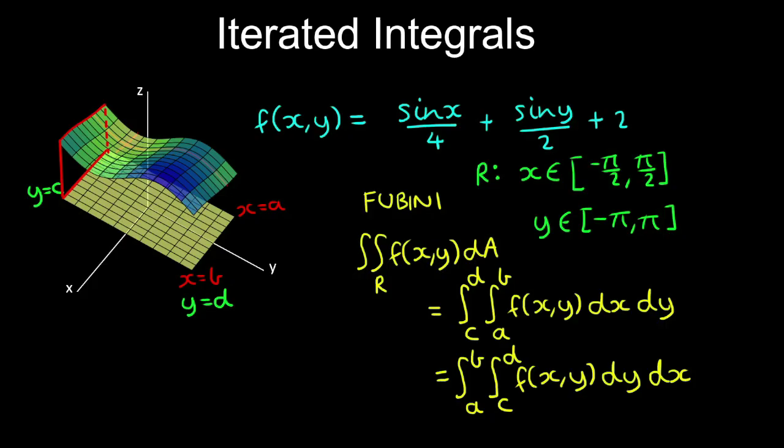So the area of the cross section is given by A at a particular value of y, and giving this cross section a thickness along the y direction, being an infinitesimal thickness dy, then we can integrate this from y equals negative pi to pi, which gives the volume bounded by the rectangular region and the surface. So the z coordinate of every point on this surface in this rectangular region is given by this function.